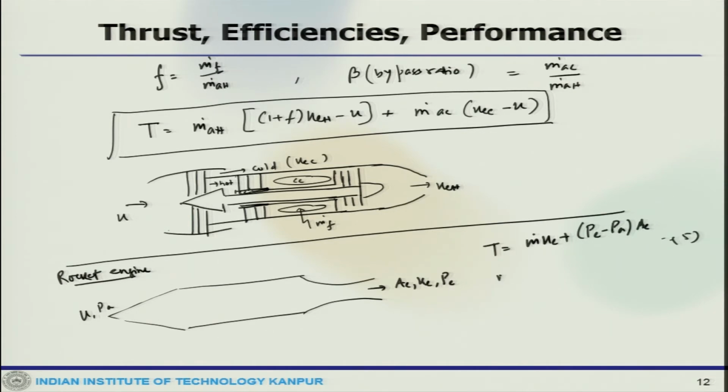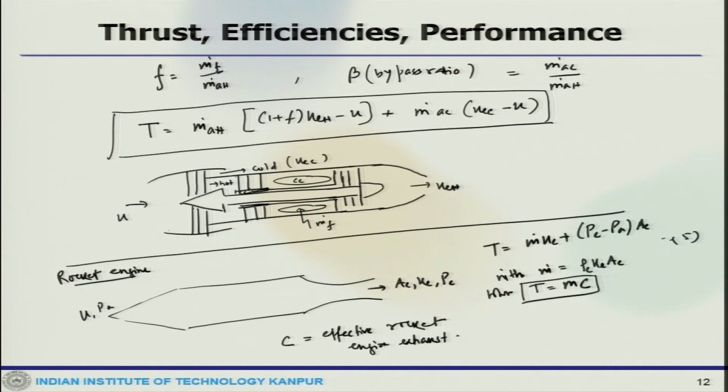Here, with m dot equals rho_E U_E A_E, we can write T equals m times C, where C is the effective rocket engine exhaust velocity, which is (m dot U_E plus (P_E minus P_A) A_E) by m dot.